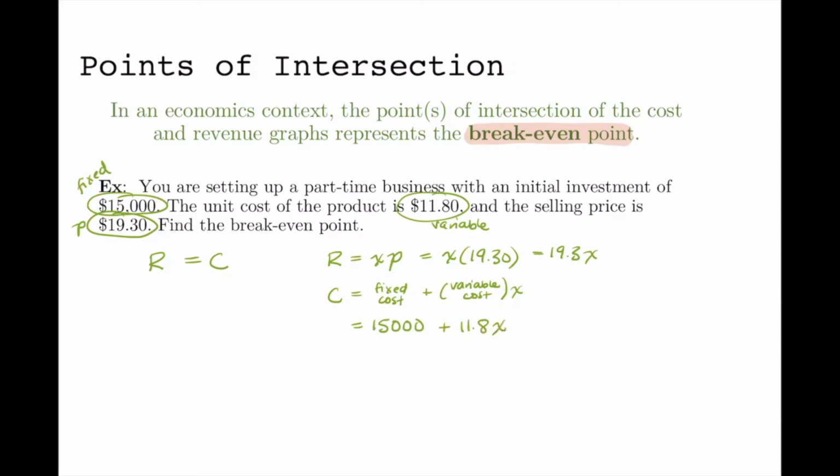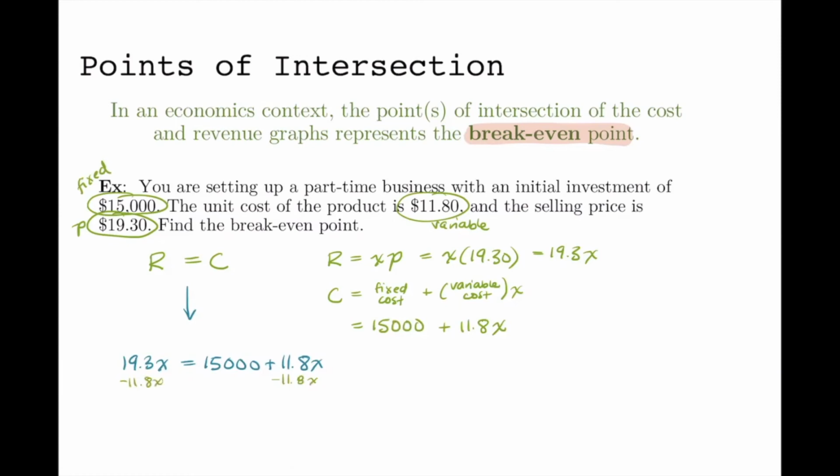Now if we want to find the break-even point, what we'll do is set our revenue, which was 19.3x, equal to cost, which was 15,000 plus 11.8x. I want to solve this for x. In this case, we do have x in more than one spot, but it's the same power, so we can just isolate the x. We'll subtract 11.8x from both sides.